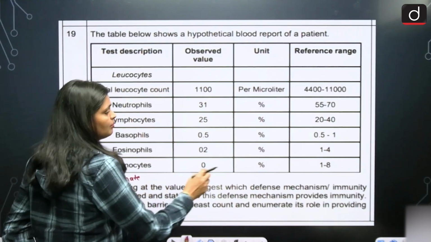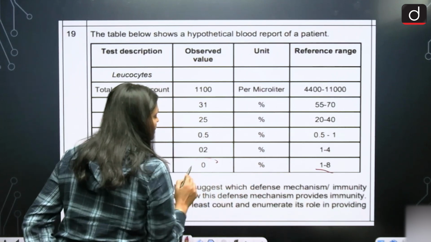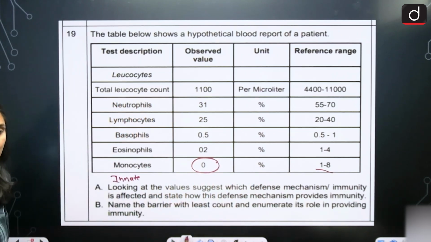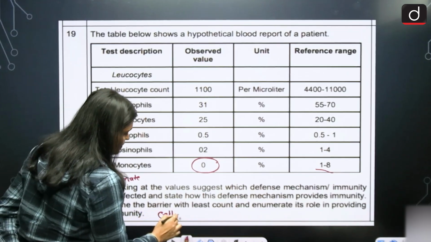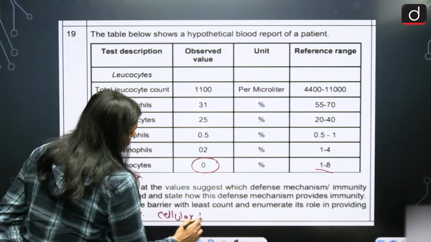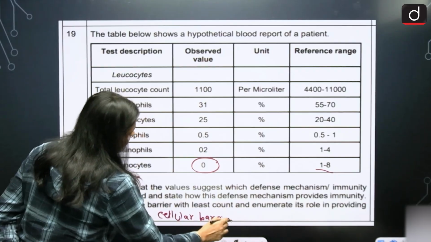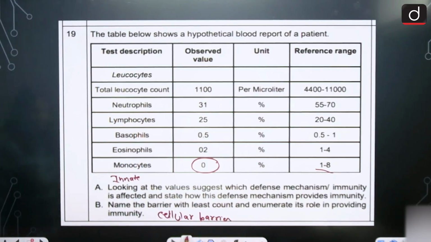So see, here the monocytes should be 1 to 8, but here the monocytes count is 0. So cellular barrier you have, where the monocytes, with least count, can phagocytose and destroy microbes. So here the barrier is cellular barrier. Okay.